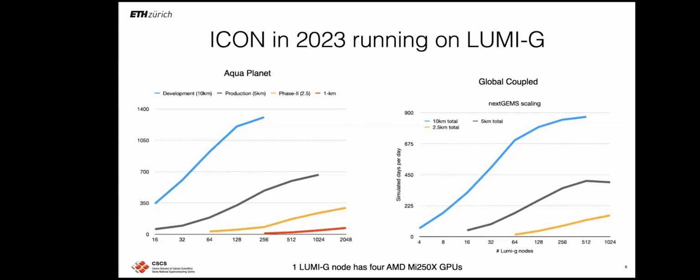And in recent years, there was a big investment also going to porting it to AMD GPUs. And this is the proof here. This is in the Destination Earth digital adaptation digital twin, the ICON model running on LUMI-G, where a node consists of 4 AMD MI250X GPUs.